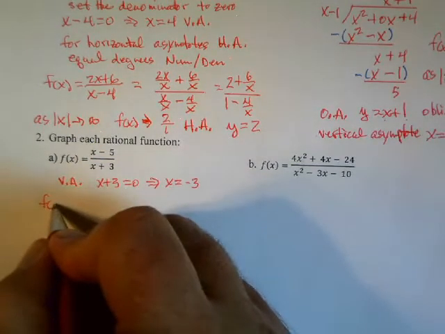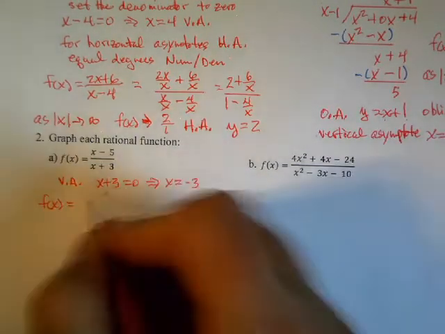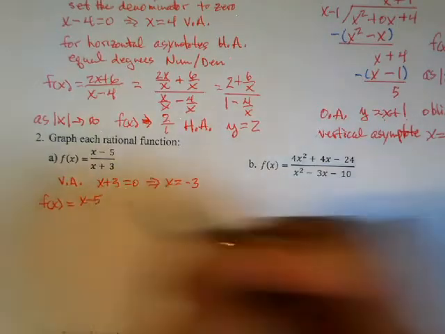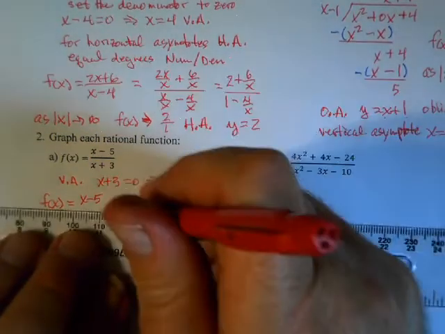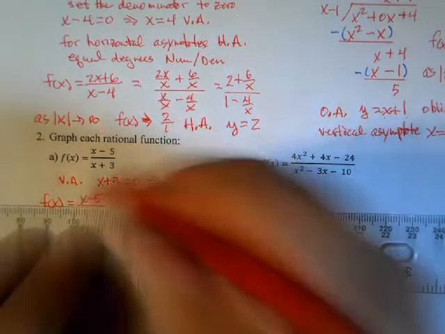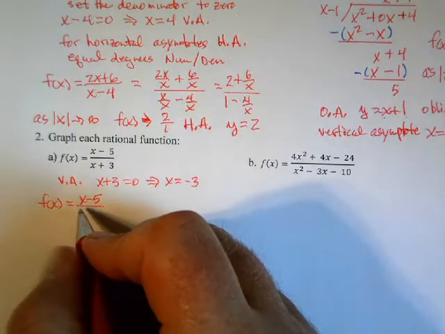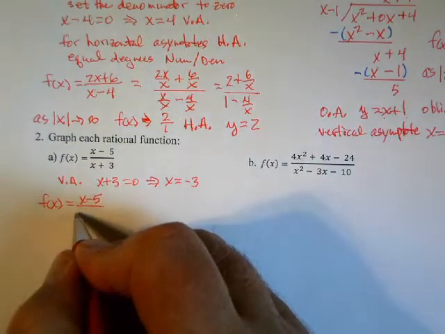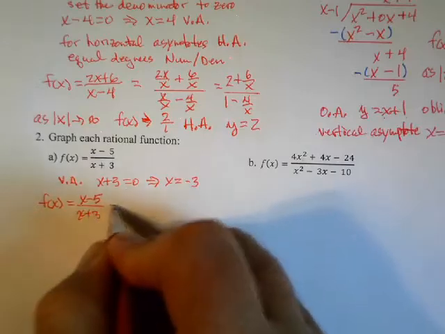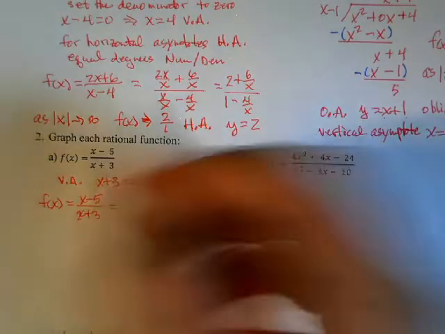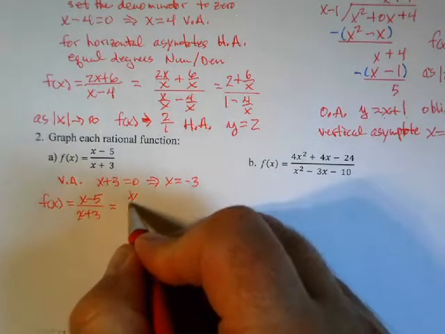So we have x minus 5 over x plus 3. Now we're going to divide everybody by x because that's the biggest degree. So we're going to have x over x minus 5 over x.